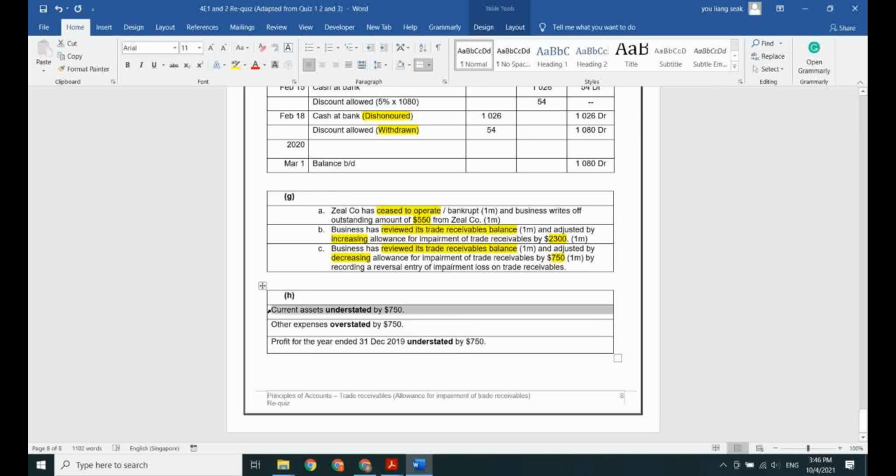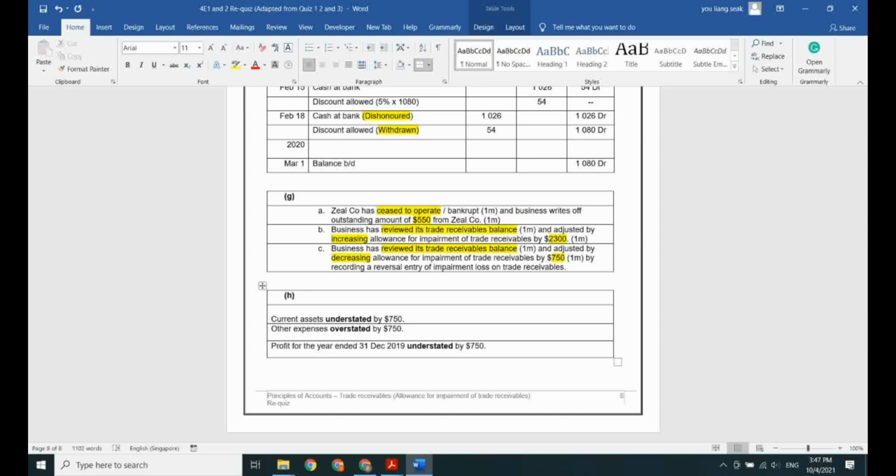In this case, we are assuming that we're not going to record this reversal, meaning no reduction of allowance took place because we never recorded this reversal entry of 750, right?